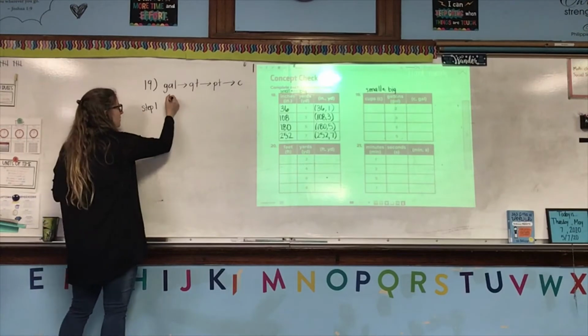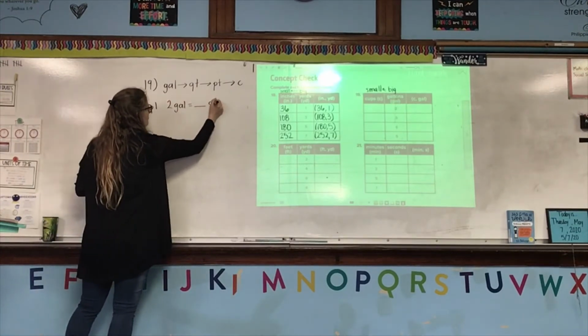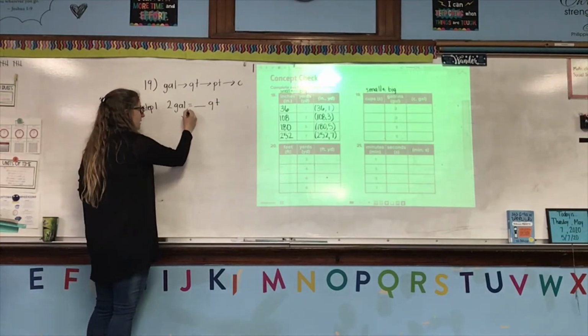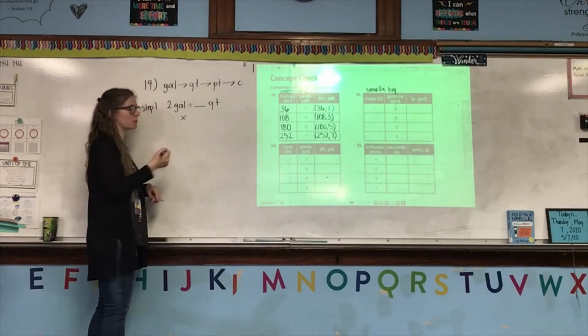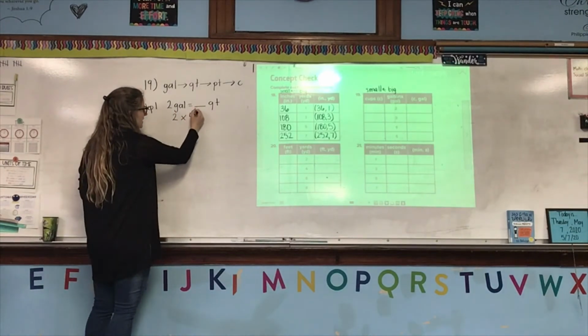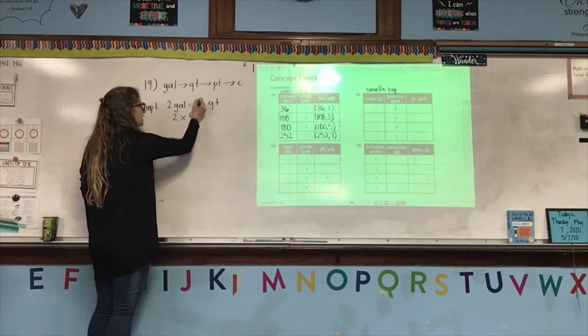So, step 1. I have 2 gallons. I'm trying to figure out how many quarts that is. I'm going from big to small, so I'm going to multiply. I start with what I know, which is 2 gallons, and then I multiply by the number of quarts in a gallon, which is 4. 2 times 4 equals 8.